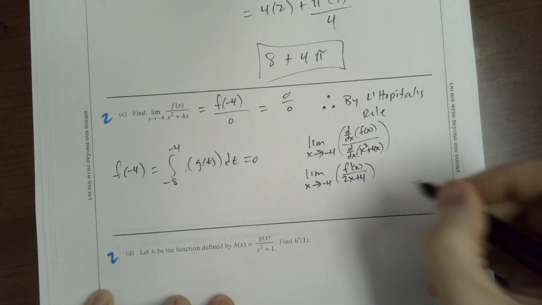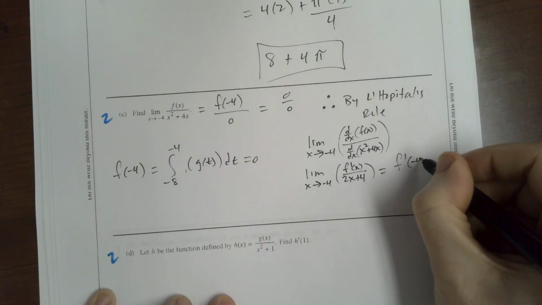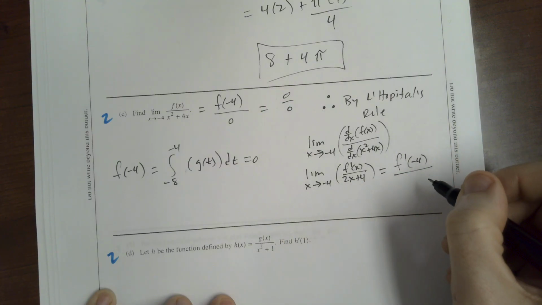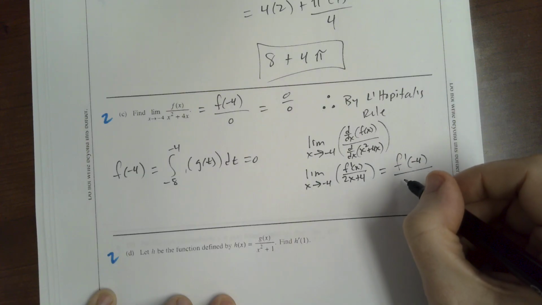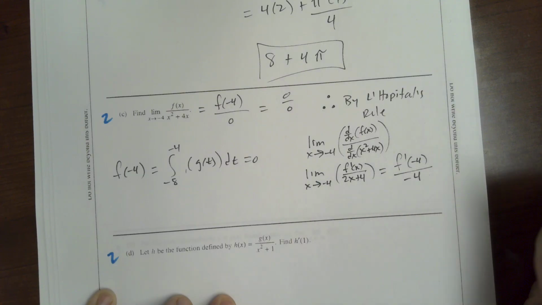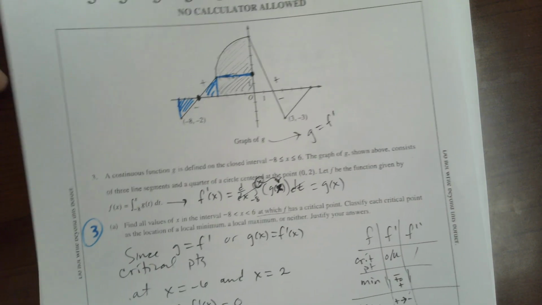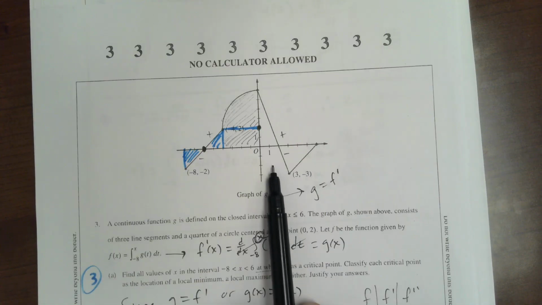Then I direct substitute again. So I'm getting f prime of negative 4 over negative 8 plus 4, which is negative 4. Now I have to find f prime of negative 4. And guys, f prime is this graph.